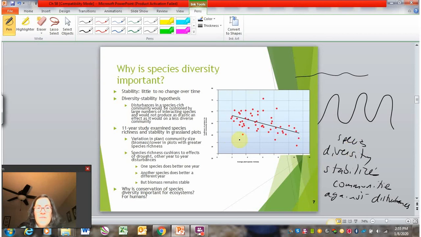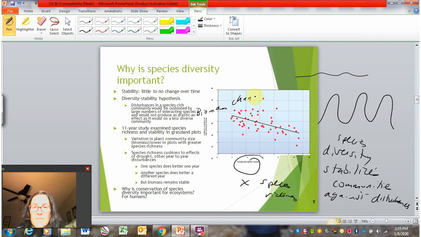So one famous study related to this looked at many different plots of grassland over time and monitored the species richness of the area. So that's on the x-axis. And then a measure of the biomass change from year to year.